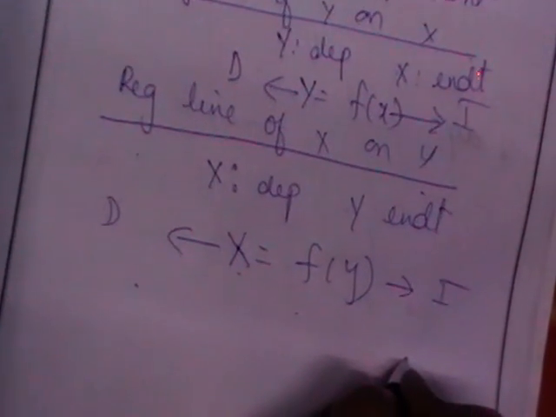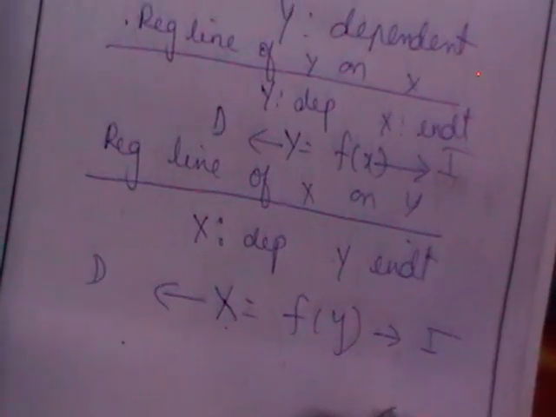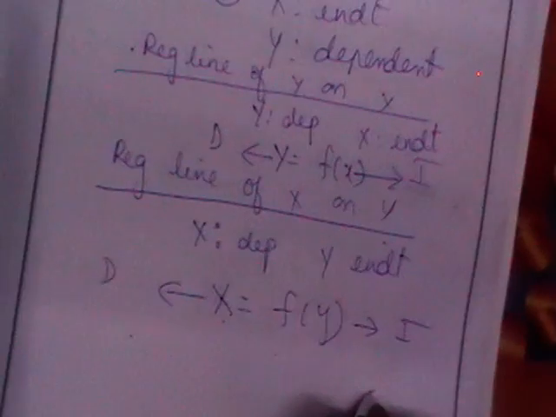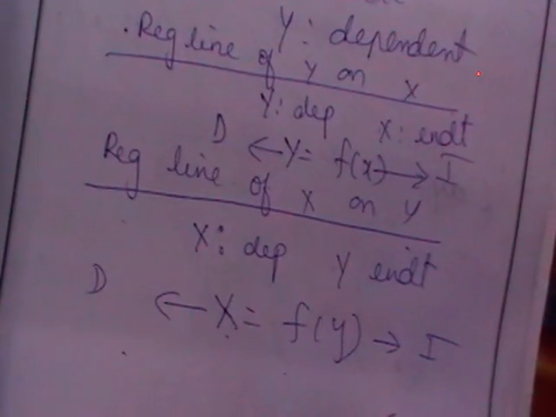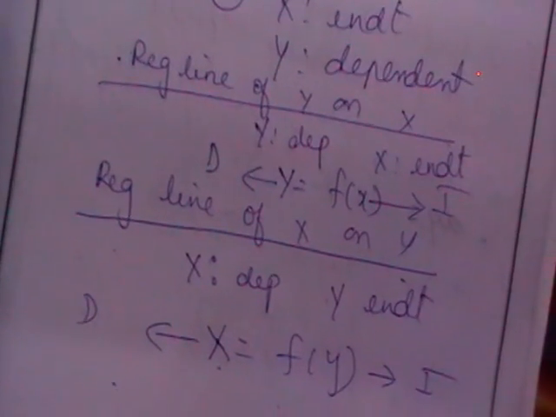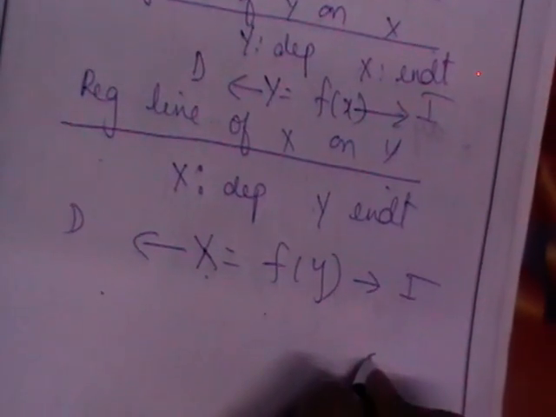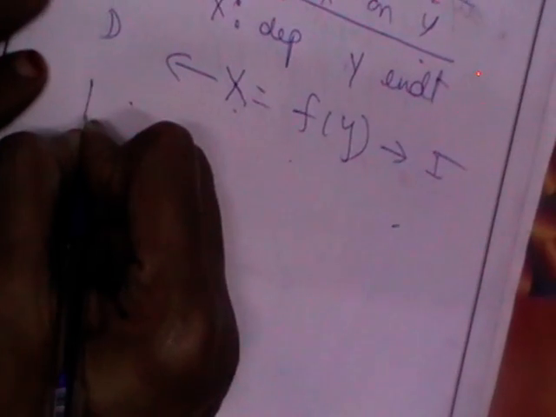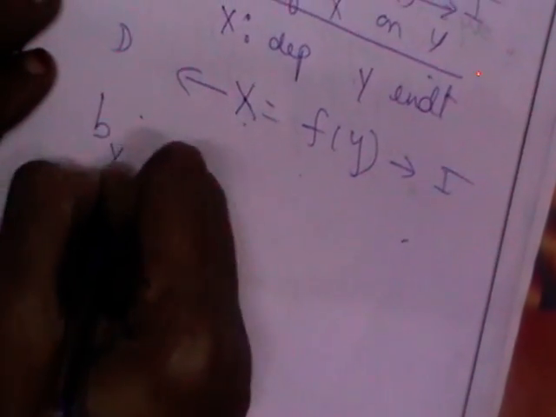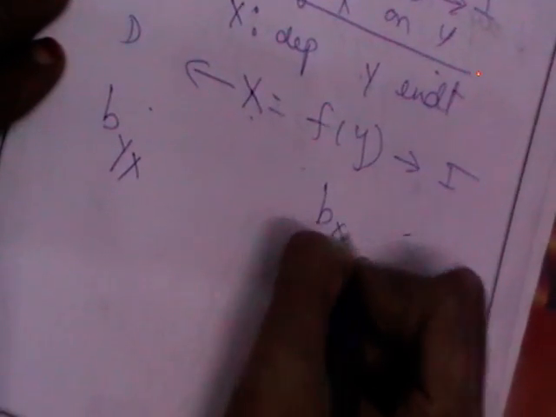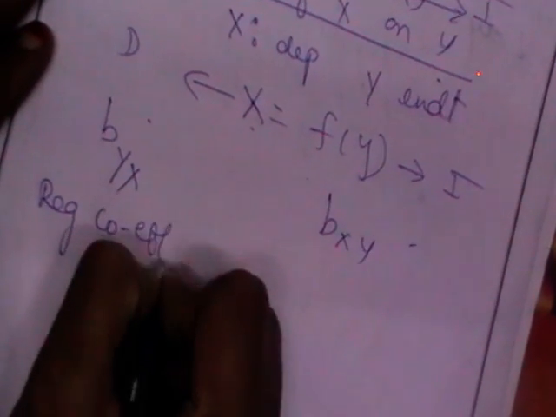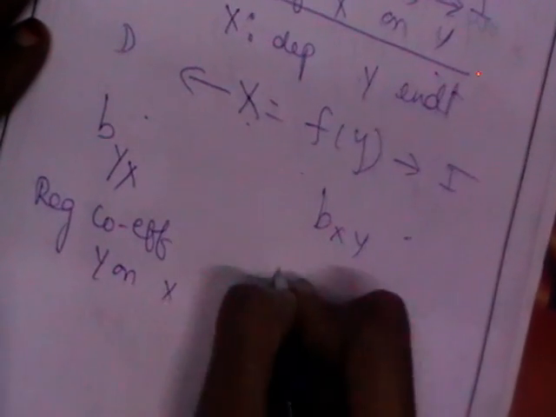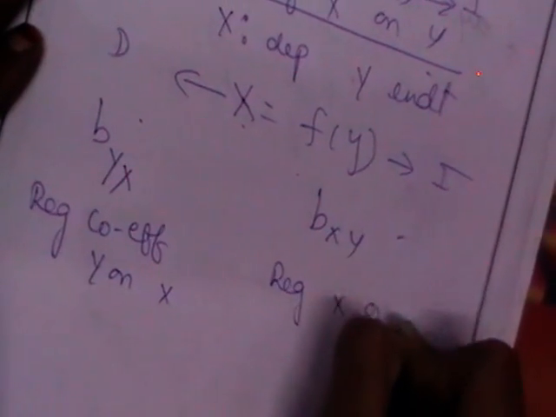So this is another concept of descriptive statistics which makes estimation possible: we can estimate the value of one variable when the value of the other variable is given. Similarly, we have two regression coefficients, byx and bxy. byx is the regression coefficient of y on x, and bxy is the regression coefficient of x on y.